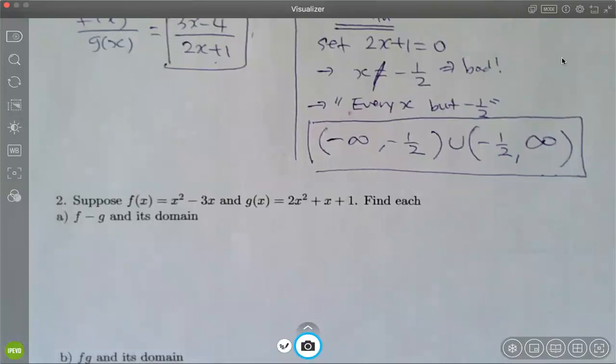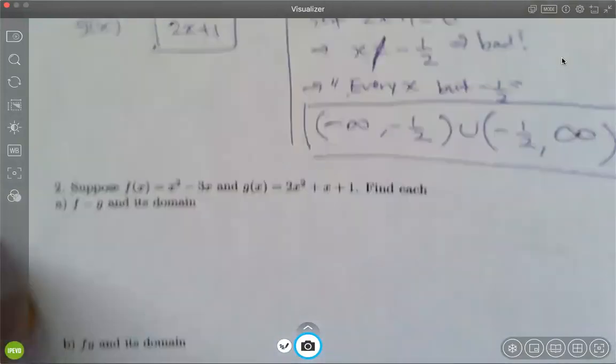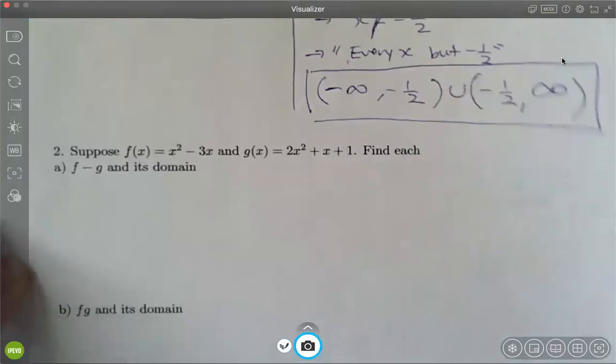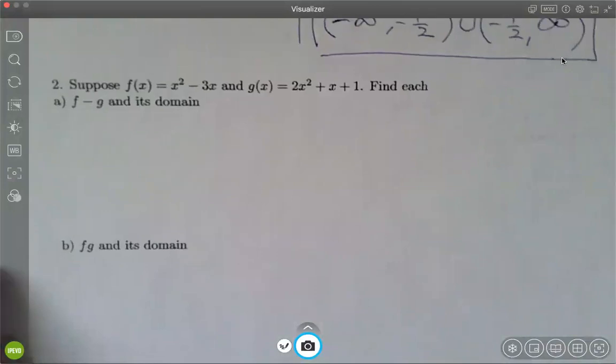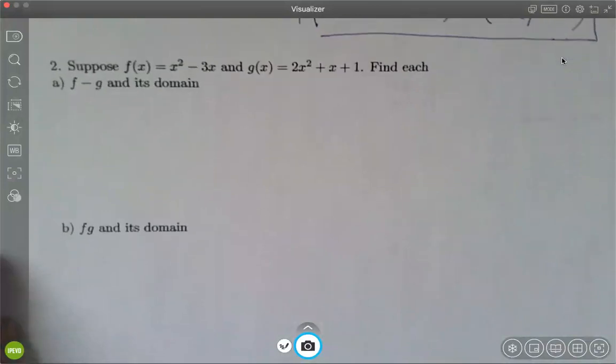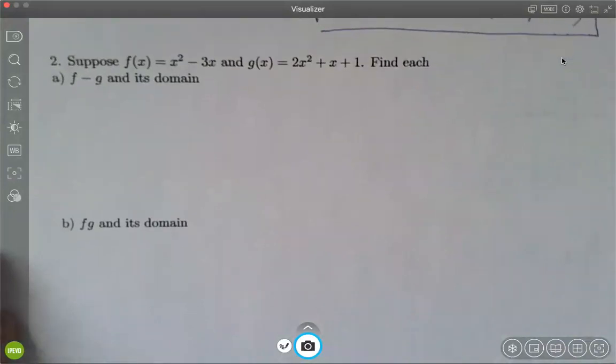Okay, and then finding the function values, it's fairly straightforward. Okay, so look at number 2 and number 3, which is on the next page. So the function changes, but that's not the only difference. We have to find the difference, product, and the quotient functions, the general functions, and their domains.